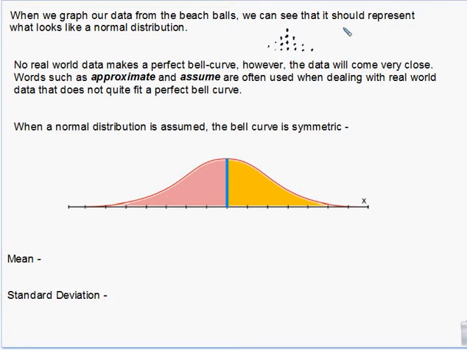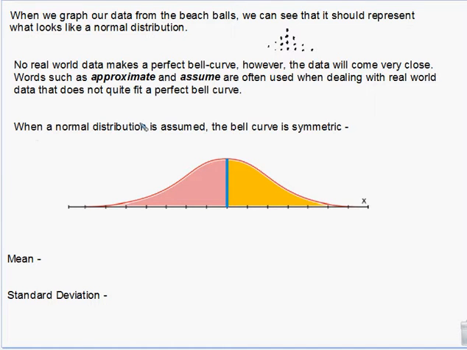So we get data that comes close, and we use words such as approximate and assume. We say assume a normal curve, or approximately a normal curve. That means we take the real-world data and sort of shove it into being a normal curve. Okay, so far good? Right.